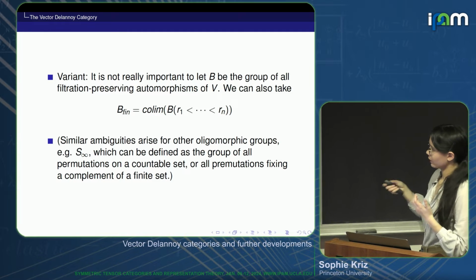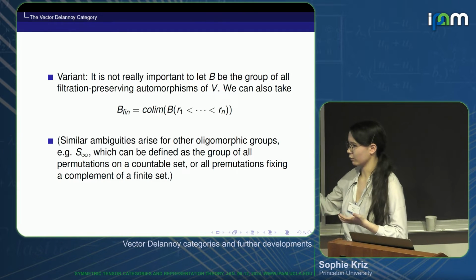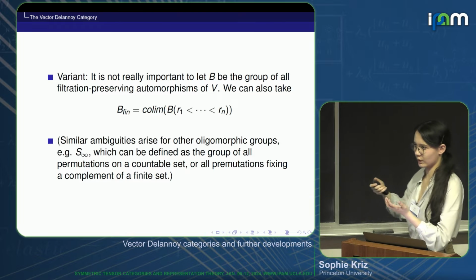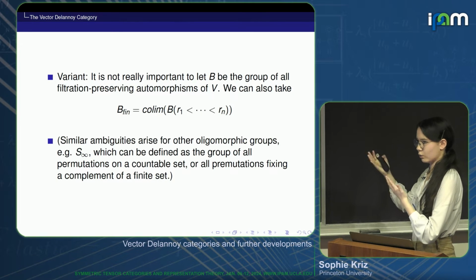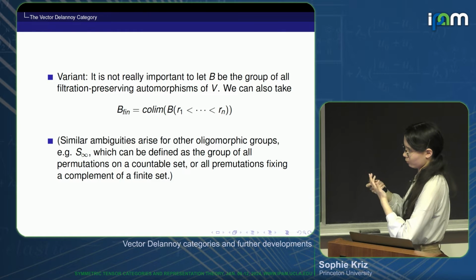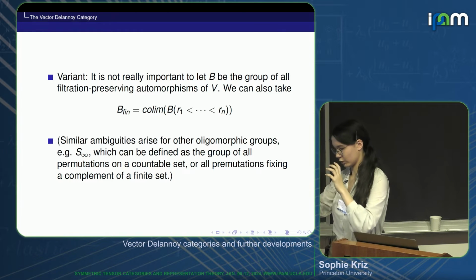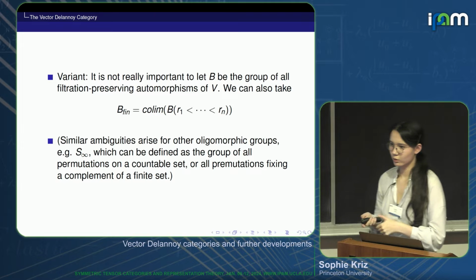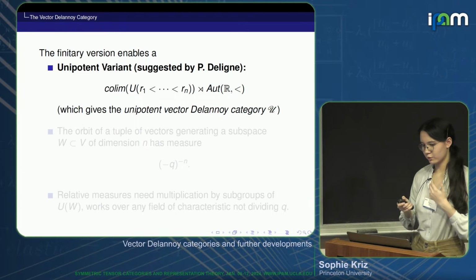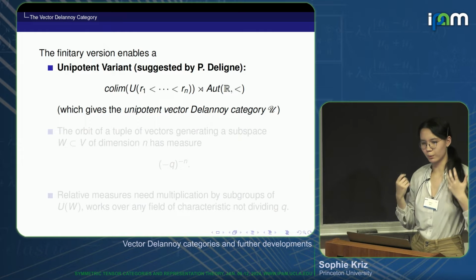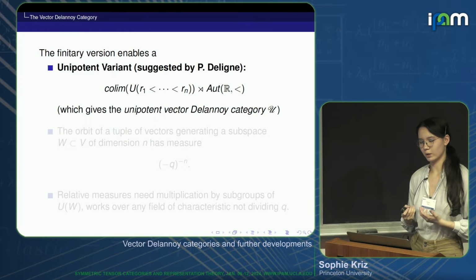But this is common, so similar ambiguities will also arise for S infinity. We can take it to be the bijections on N, or we can just look at permutations which fix a complement of a finite set. Okay, so that's the construction of this Borel vector Delannoy category.